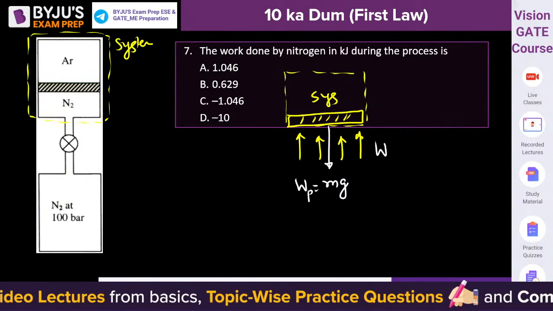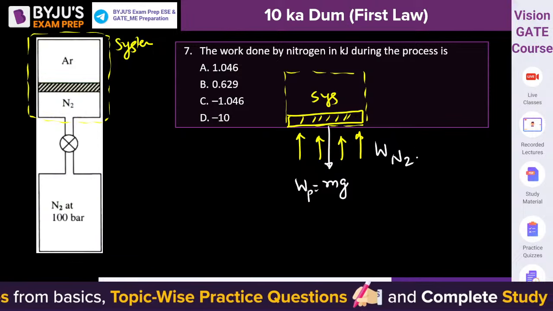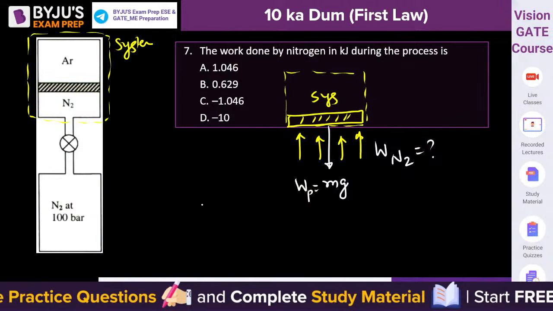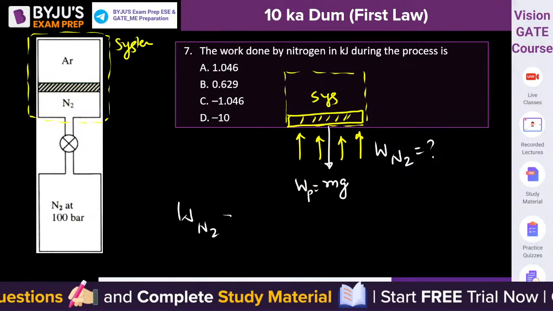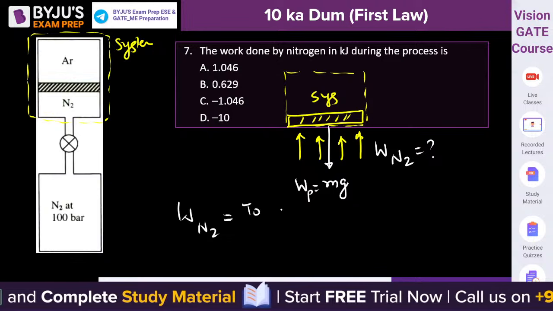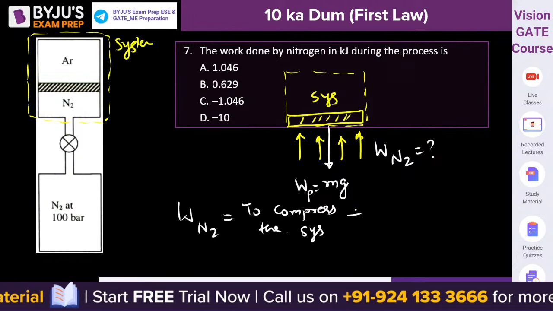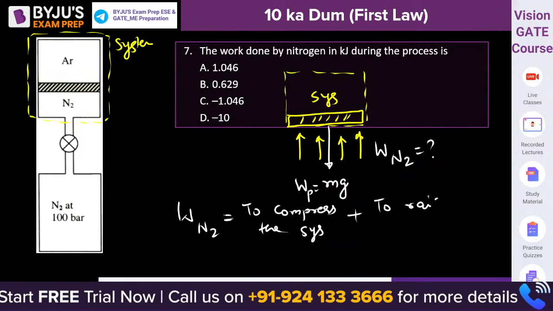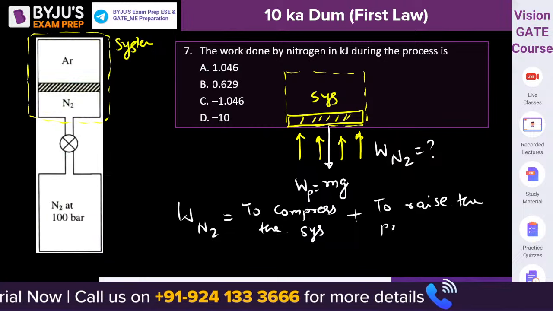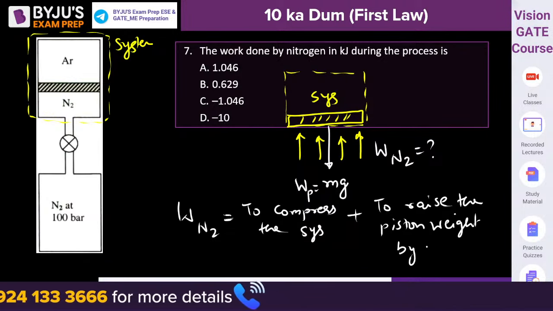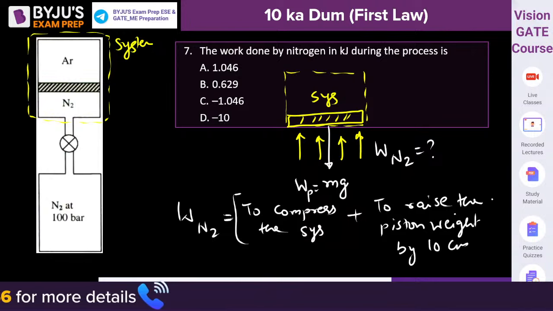So the work done by the nitrogen is to compress the system plus to raise the piston weight by 10 centimeter.